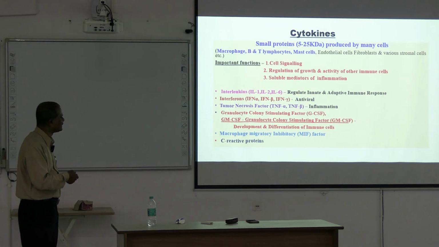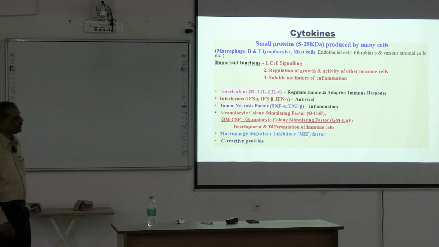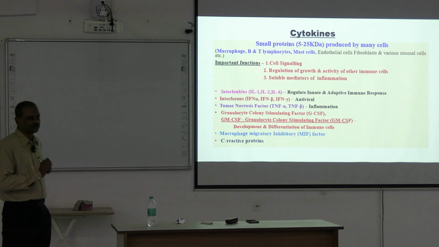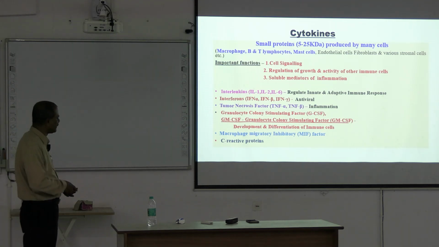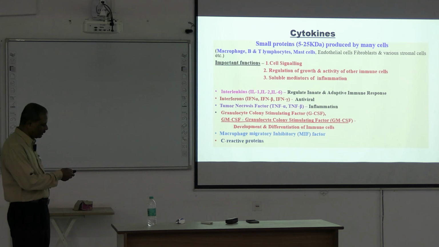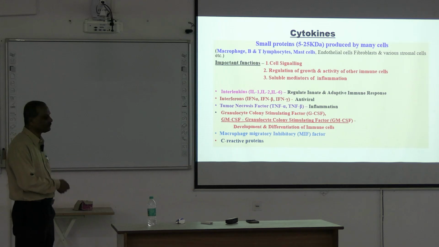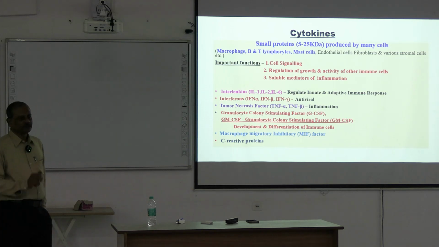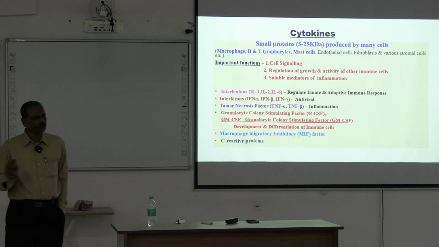So the important function is cell signaling, and they also regulate the growth and activity of other immune cells, and are soluble mediators of inflammation. These are cytokines, which I will tell in detail later. Write down this thing, interleukin. There are many interleukins, more than 20 different types.